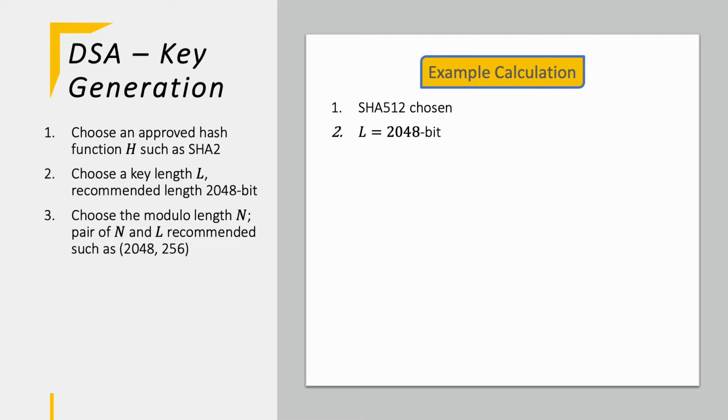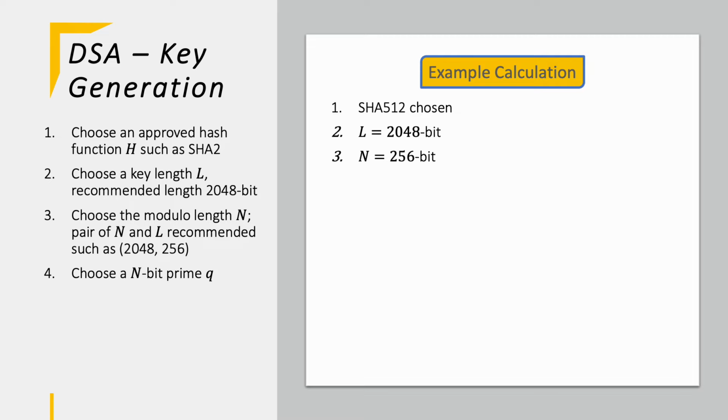Then we choose the modulo length, N. Pairs of N and L exist as a recommendation, meaning if you have the key length L of 2048, we recommend using a modulo length N of 256, for example. So in our example, we pick N as 256.